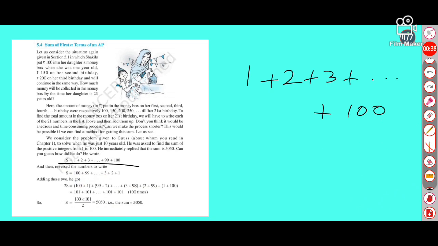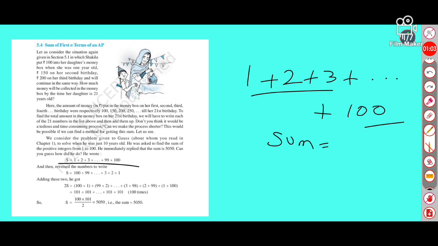Calculating this entire sum is not that easy. So how can we guess the sum, or which formula yields the sum value of this entire sequence so easily, is what we are going to see now.